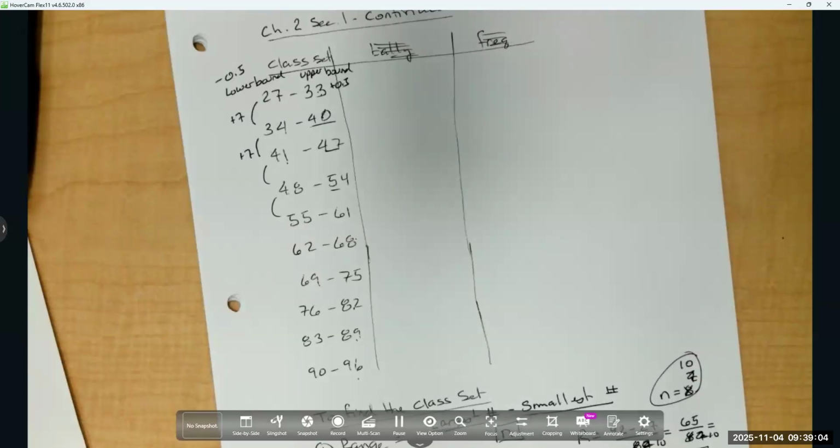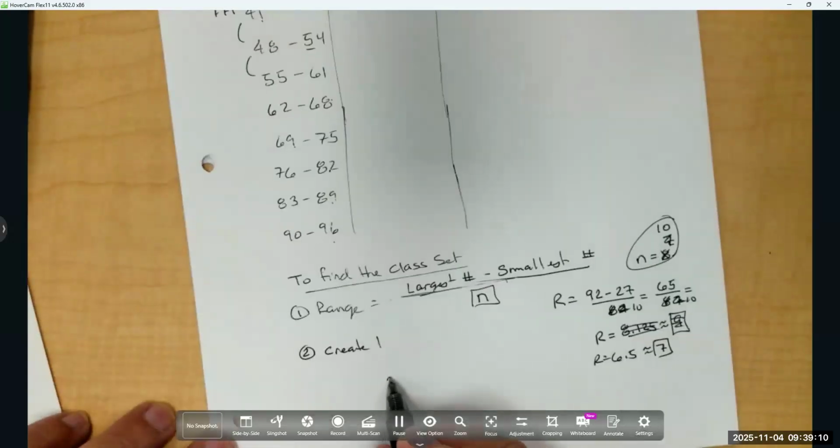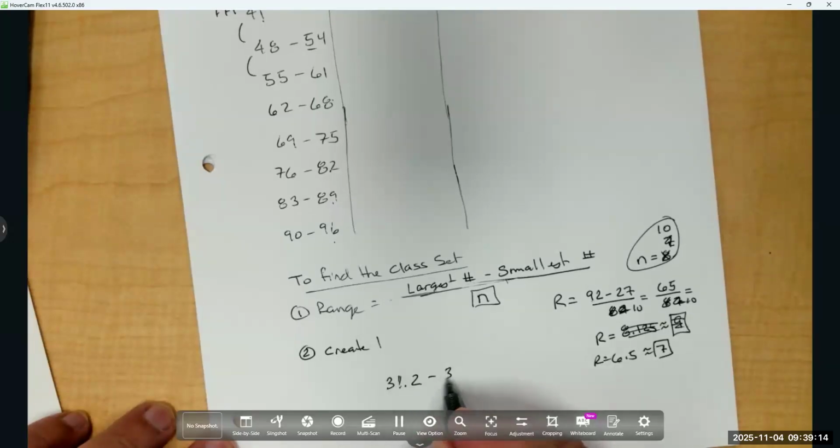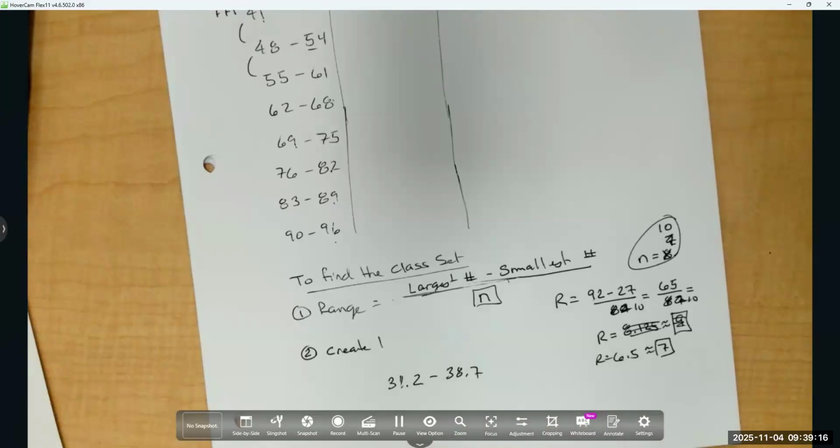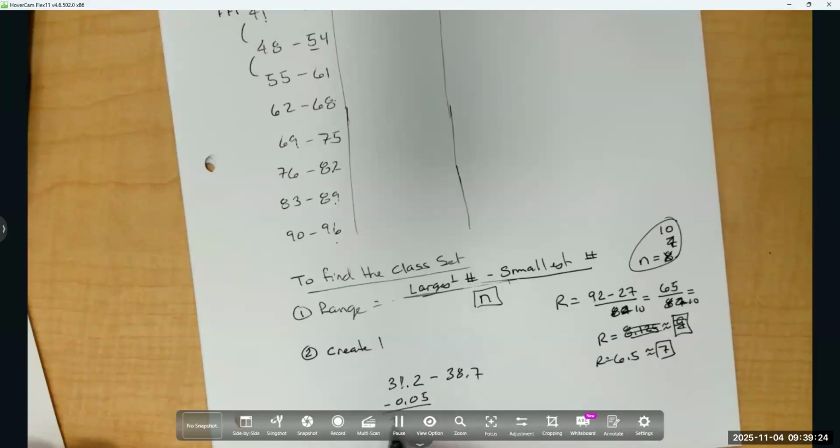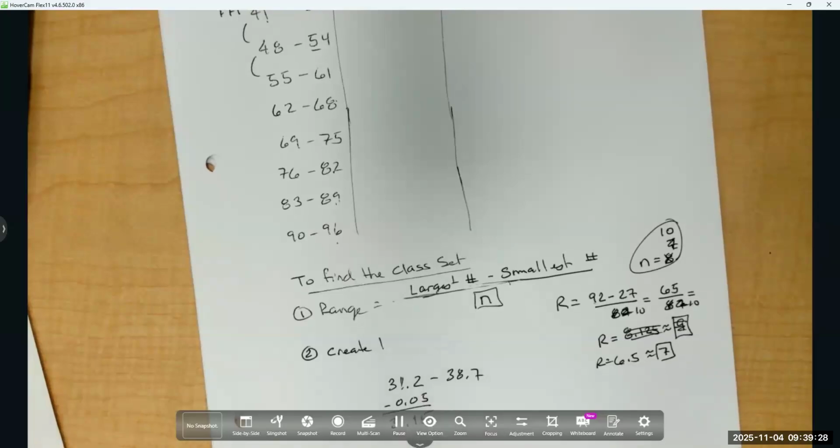But it can be, if it was, we did it in the homework. If your data set was from 31.2 to 38.7, here you subtract 0.05 so that it becomes 31.15. So however many decimal places, one extra spot for the 0.5.